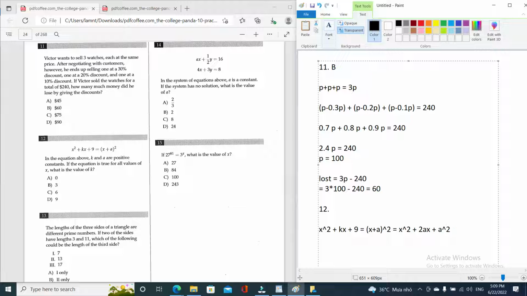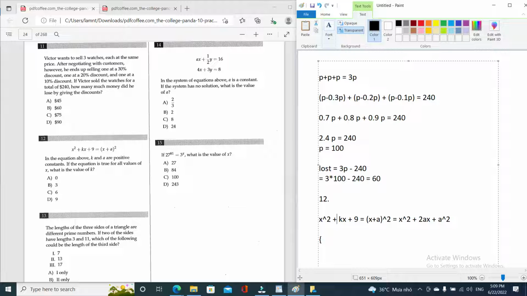So we have a system of equations here. Everything has x, so kx is equal to 2ax, meaning k equals 2a, and at the same time 9 equals a squared.